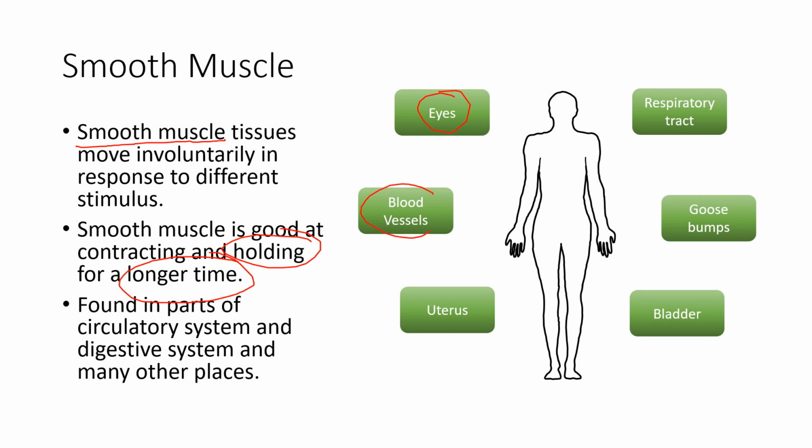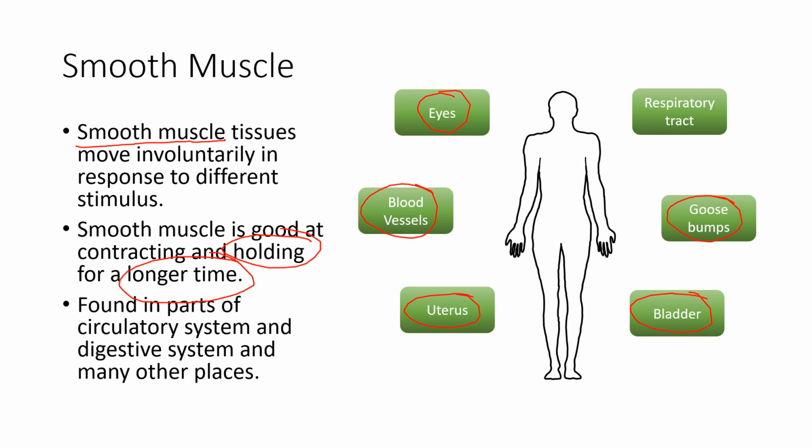Our blood vessels all have a muscular layer that allows for that contraction and pushing of blood along through that system. When a woman gives birth, the uterus is what contracts to push the baby out. The bladder, same thing. Goosebumps, which is kind of cool.